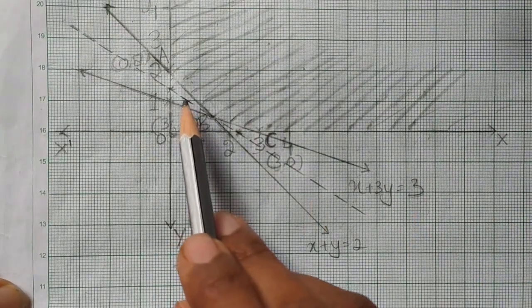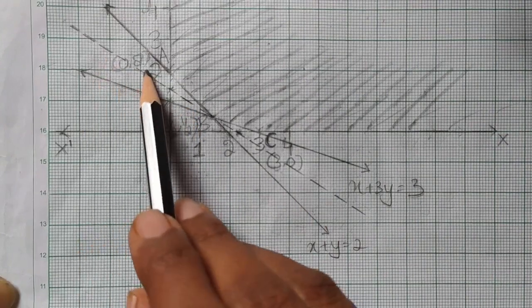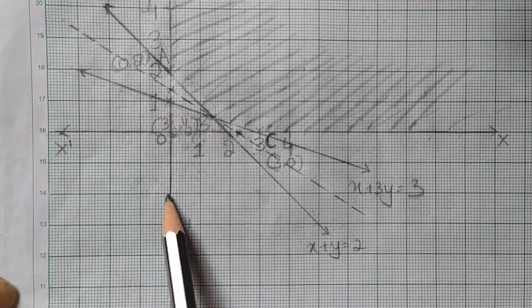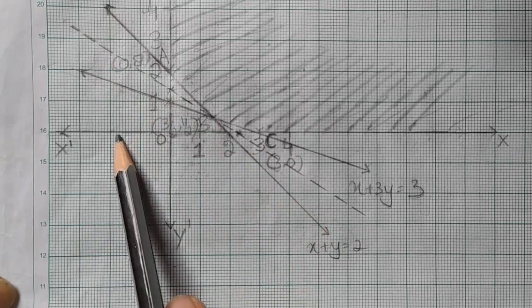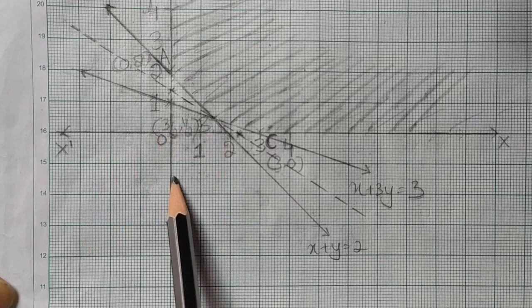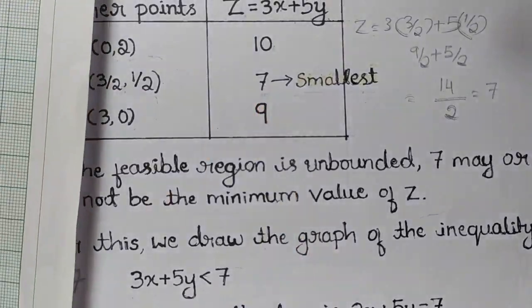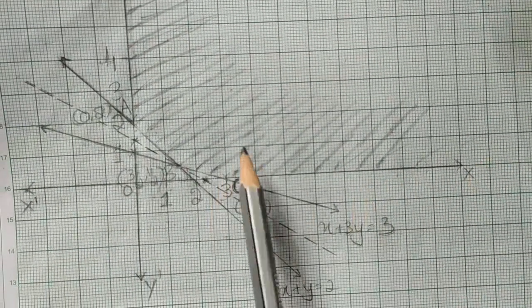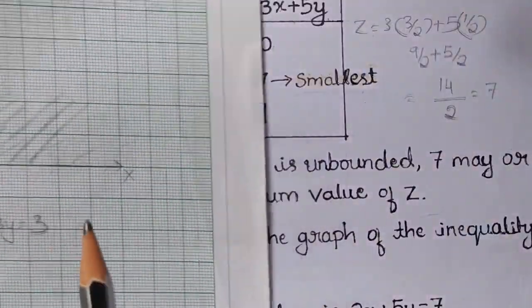Now, the solution region lies towards the origin. For this line, the origin lies below the line, so the solution region of this inequality lies below the line, towards the origin. Now this region contains the set of all those points for which the value of z is less than 7. But we are interested in the points in the feasible region for which z is less than 7.